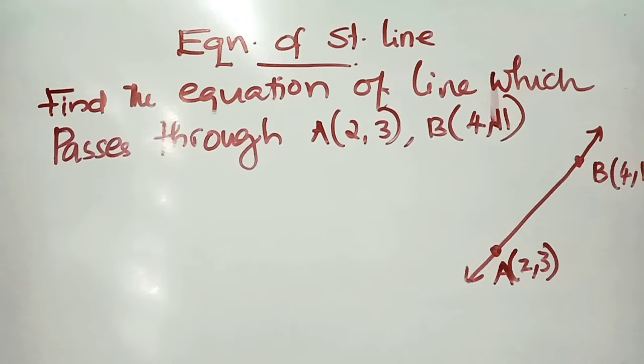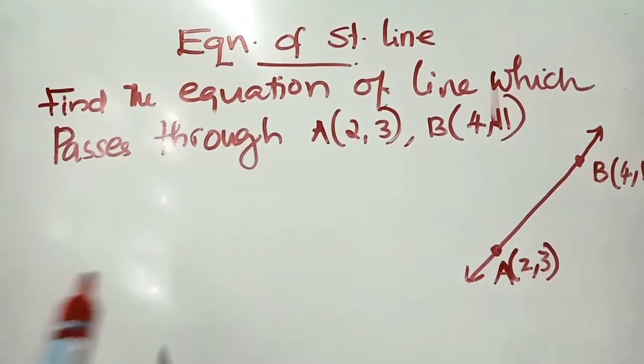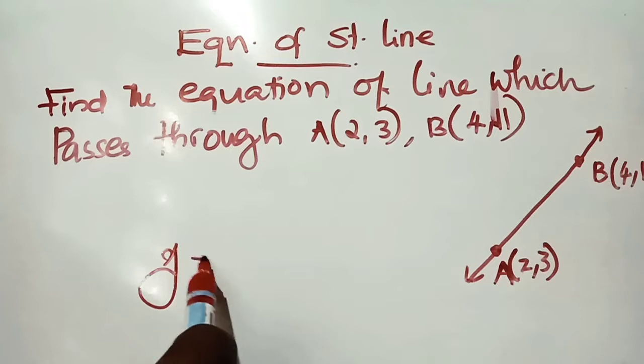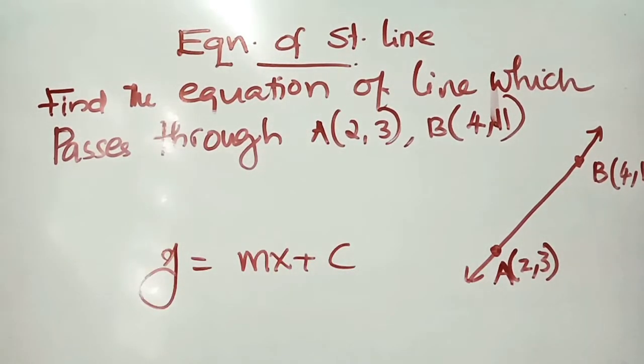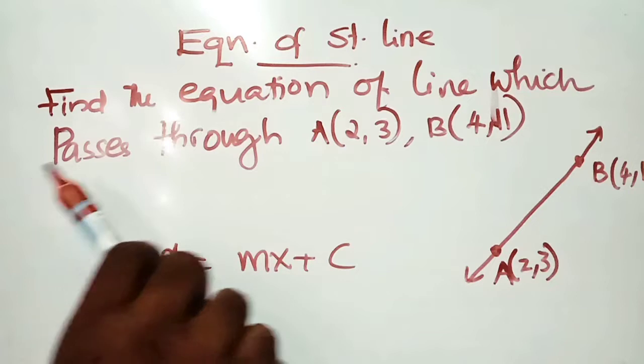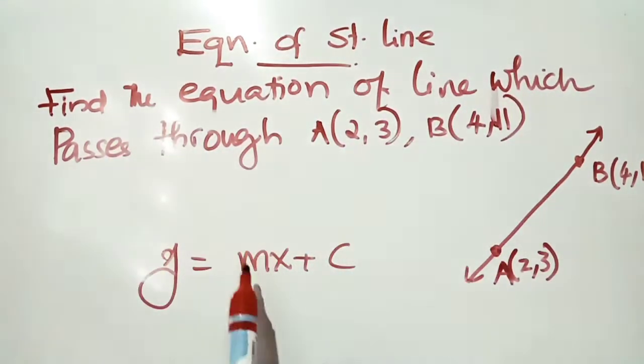Now we have to find the equation of the line. As per our topic, we know only one equation of a straight line, which is y equals mx plus c. But nothing is mentioned about gradient and intercept in this question.